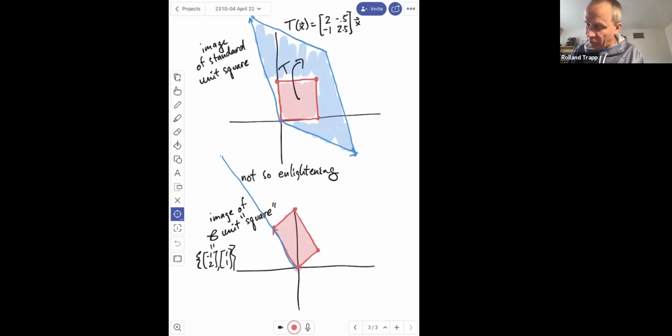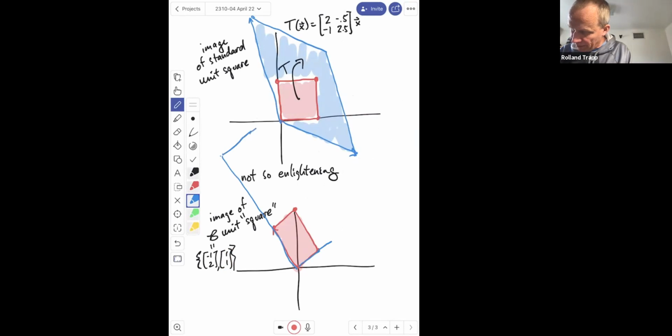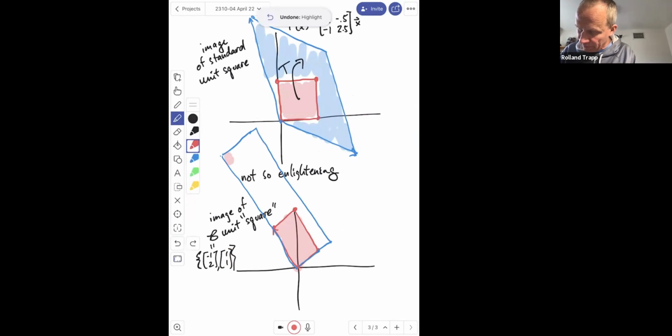So applying T just stretches 1, 1 by 1.5. So I go out one of them and then half of one, and that's it. And then the entire square just has to map to a parallelogram. So it has to map to this guy here.